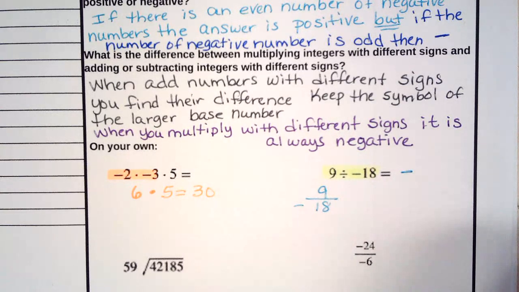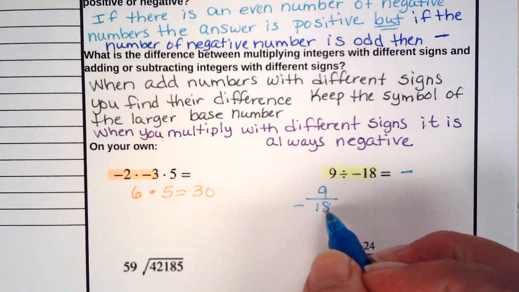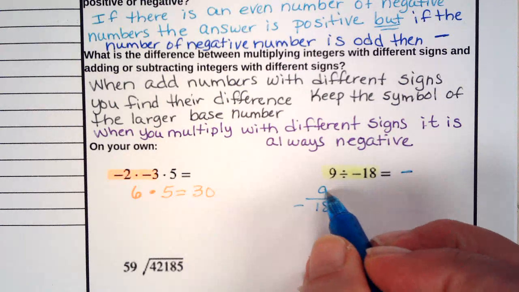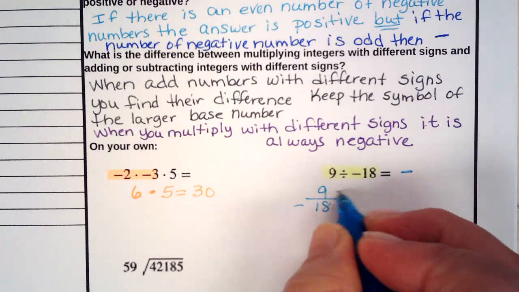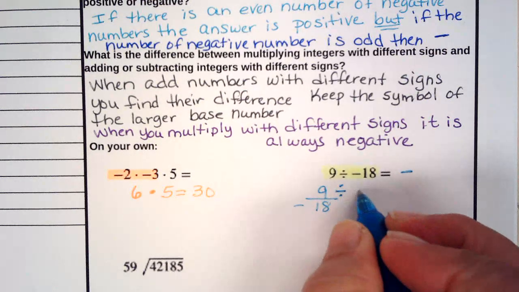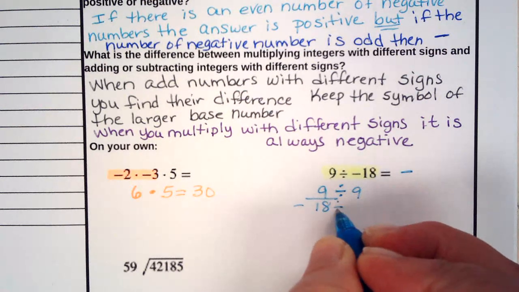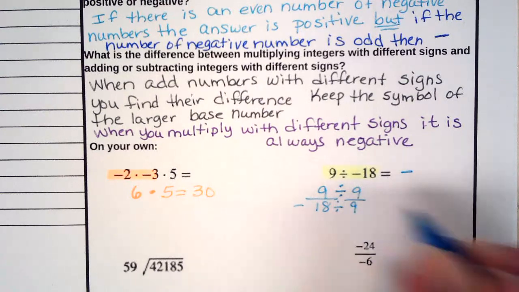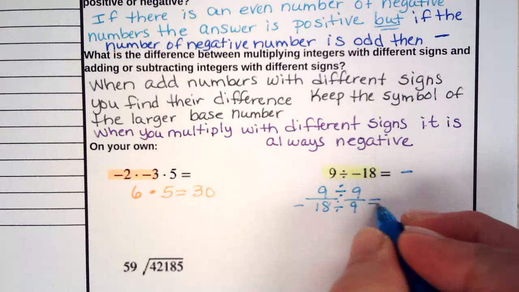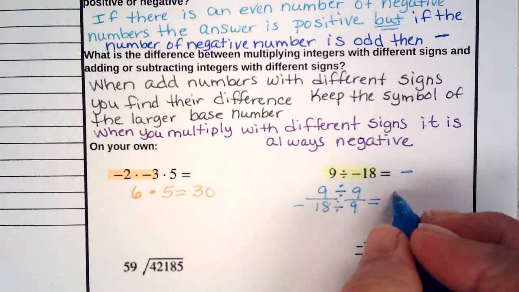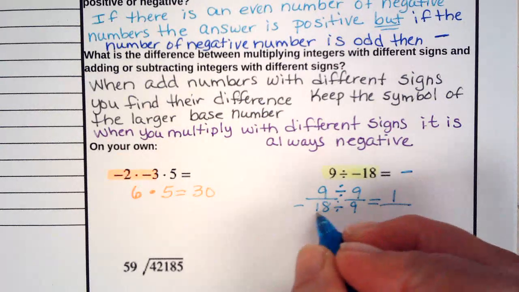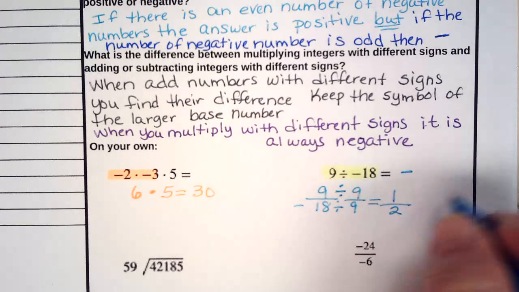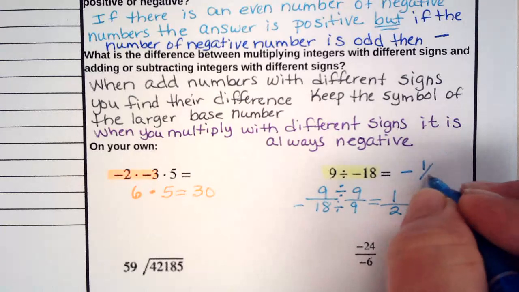What is my largest common factor that goes into both of them? 1 plus 8 is 9. 9 is divisible by 9. So I'm going to divide the top by 9 and the bottom by 9. 9 divided by 9 is 1. 18 divided by 9 is 2. And we know this will be -1/2.